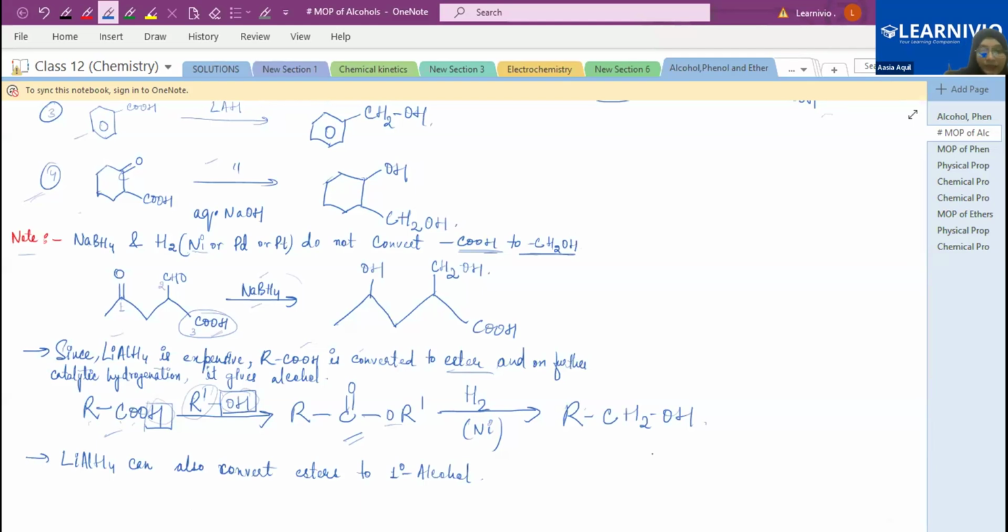From this reaction, we know that H2, catalytic hydrogenation of ester, will give you the corresponding alcohol. And lithium aluminum hydride, which is a strong reducing agent, can also convert esters to the corresponding primary alcohol.